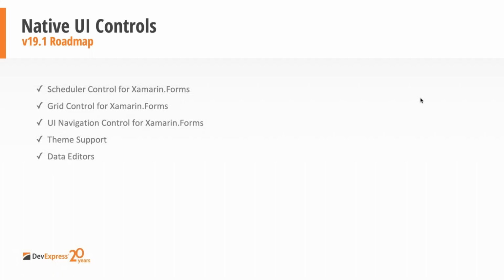Okay. And basically the data editors are the standard ones you use in a grid anyway. So that's the reason for the number and the ones that we're going to be doing first of all. Absolutely. Now, obviously, this is 19.1.